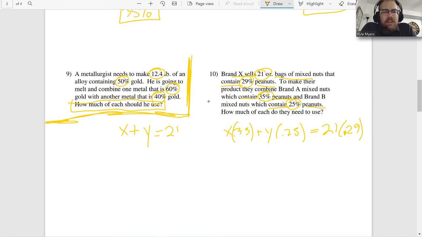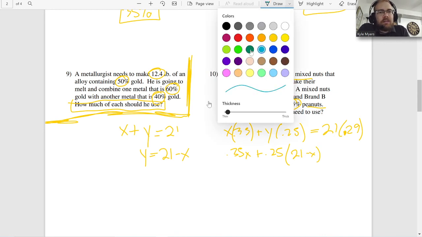We could solve this using substitution or elimination. If we did substitution, which I think is most people's favorite, we would subtract x on both sides, and that would equal y. So we'd have 0.35x plus 0.25y. Oh, hey, but y is 21 minus x, right? If you didn't catch that, let me do a different color.